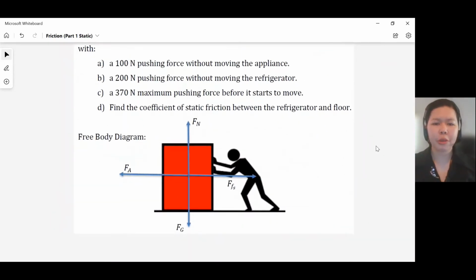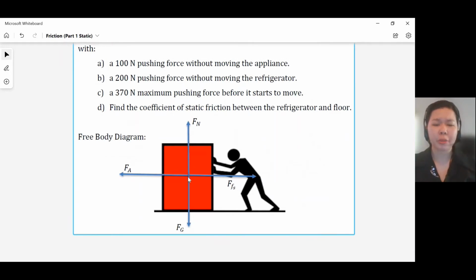So we have here the free body diagram of our situation. Assuming that our refrigerator is just one particle, letting all the forces act on its center of gravity, we have the forces acting on the refrigerator or our appliance. To the right is our static frictional force.